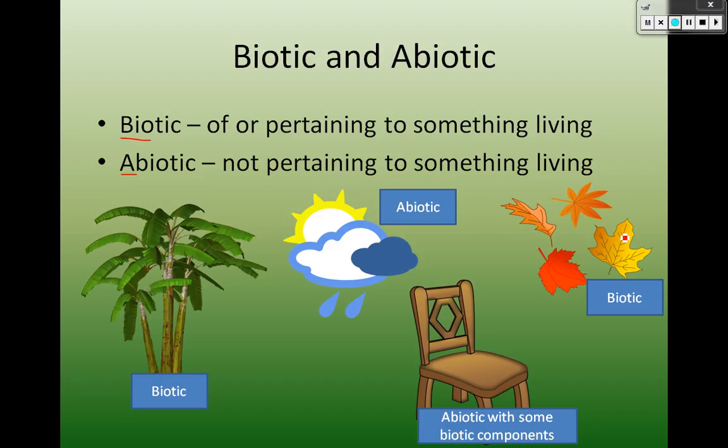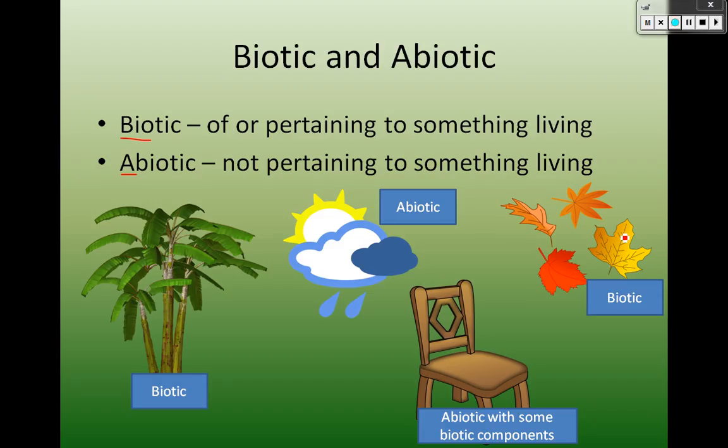Something like a piece of paper, which has been processed from wood but has none of that cellular structure remaining from the tree, is abiotic. So there is a point when something does go from biotic to abiotic, but you can almost think of it as when it's so destroyed, it's really not that thing anymore.